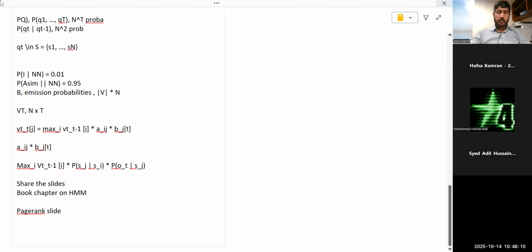And I have another book chapter that is more general on Markov chains and HMM. That is from a book by Agarwal.